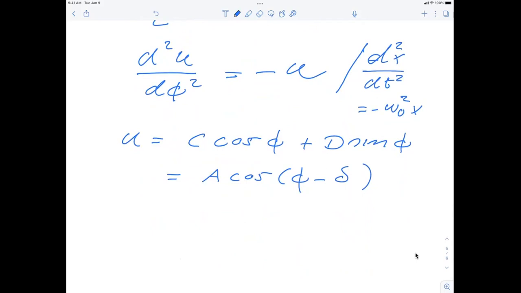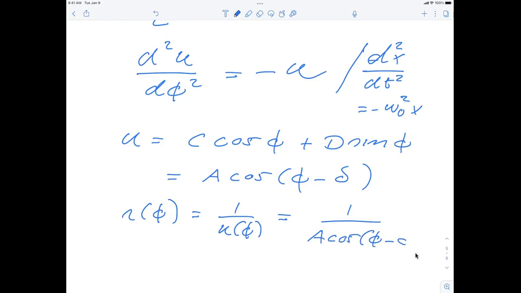Now, if we bring back the full equation here, I'm going to show you another trick, because we have simply a constant which is added to this function u. The other thing you should keep in mind is that r of phi is actually equal to 1 over u of phi. So you see now a glimpse of the final solution. That's going to be given by a times cosine of phi minus delta.